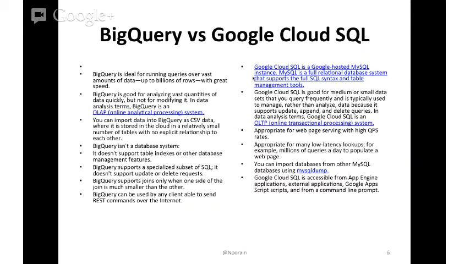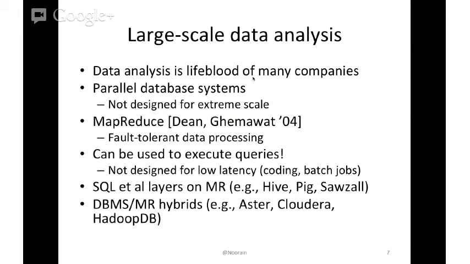Large-scale data analysis is the lifeblood of many companies, especially nowadays. Big data is the hot technology. Parallel database systems were not quite designed for this extreme scale, and therefore there is a need for something much faster than parallel database systems.